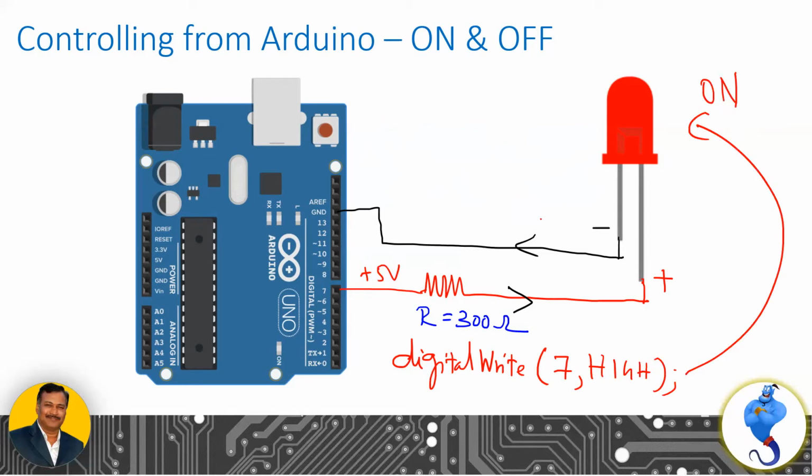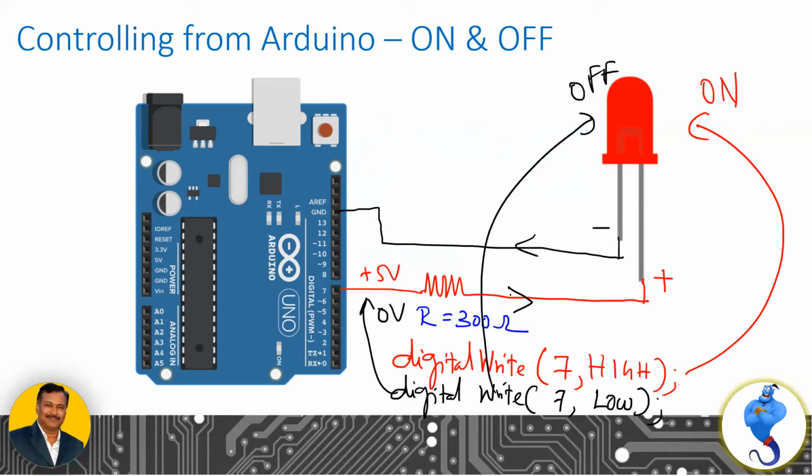How are you going to turn off the LED? Again, we use the same function, digitalWrite, 7th pin. In this case, if you put LOW, this command would put 0 volts here, thereby turning it off. So by writing this command, digitalWrite, with HIGH and LOW, we are supplying 5 volt and 0 volt here, which will turn this LED on and off.